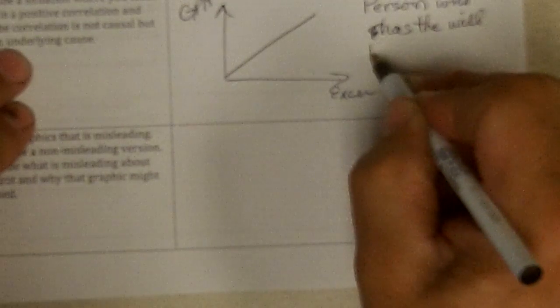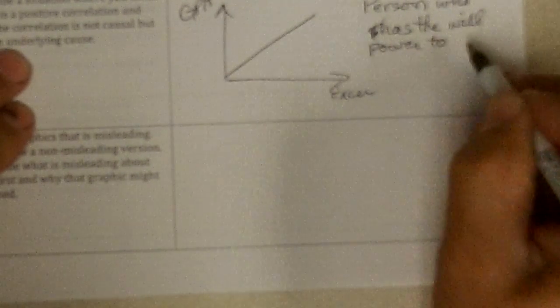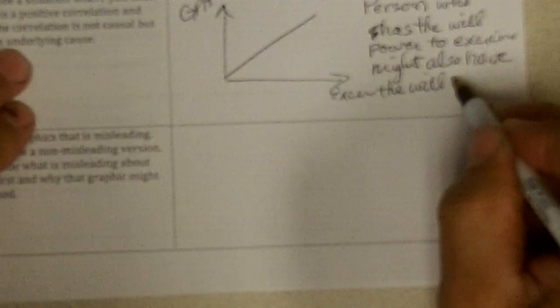So the underlying cause might be that the person who has the willpower to exercise might also have the willpower to study. Okay? That's a possibility.